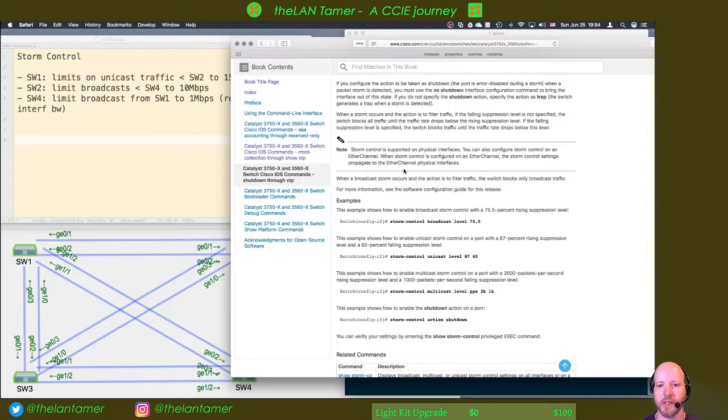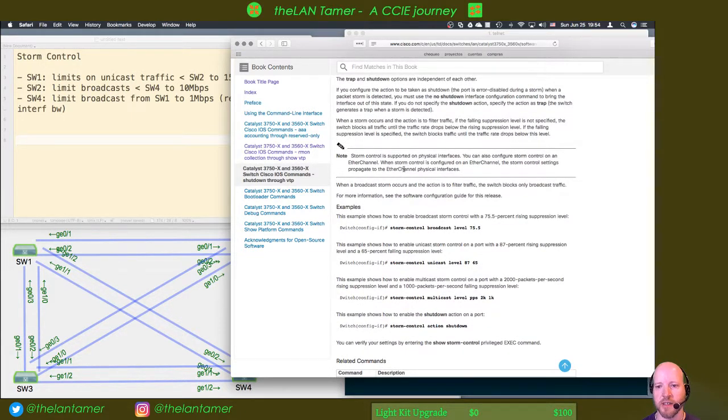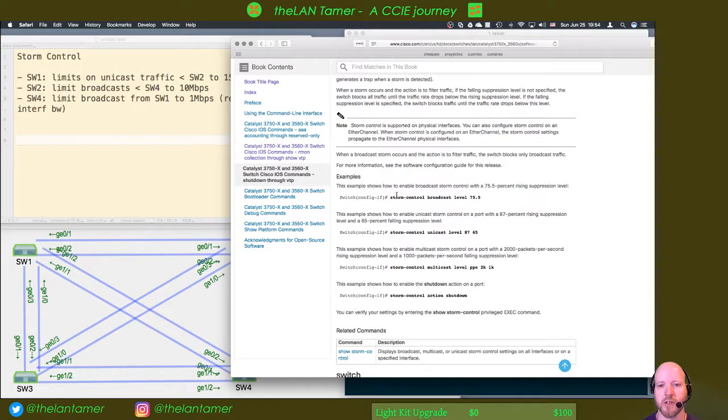If you configure the action to be taken as shutdown, interesting, that sounds pretty drastic. You must use a no shut to bring the interface out of that state. If you do not specify shutdown, the action is trap. When a storm occurs and the action is to filter traffic, the switch blocks all traffic until the traffic rate drops below the rising suppression level.